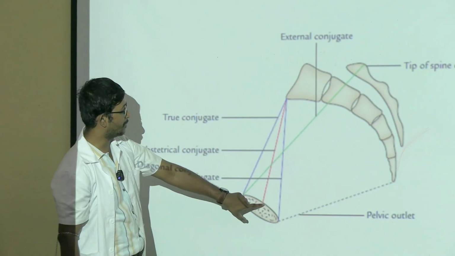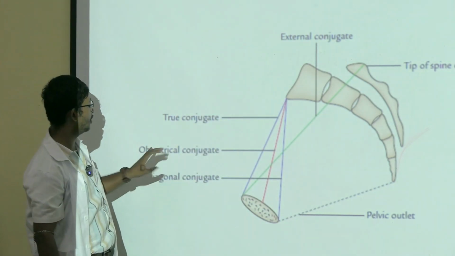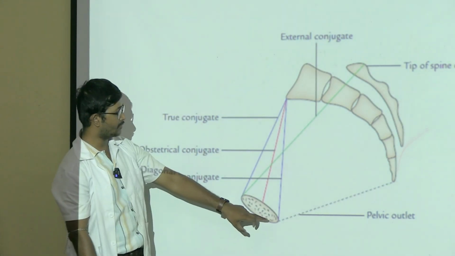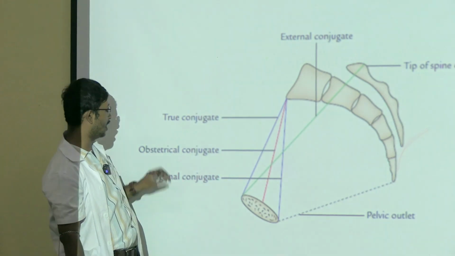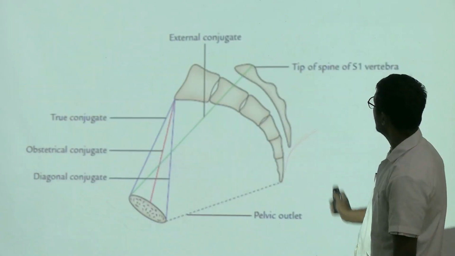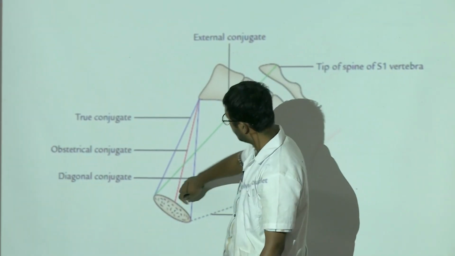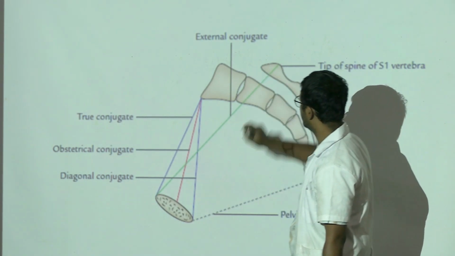Then from the midpoint of your pubic symphysis up to your sacral promontory, which is your obstetrical conjugate, and from the lower portion of your pubic symphysis up to the sacral promontory, which is your diagonal conjugate. There are certain measurements for this. And your external conjugate is basically from the anterior part of your pubic symphysis up to the posterior part of your sacral vertebra.